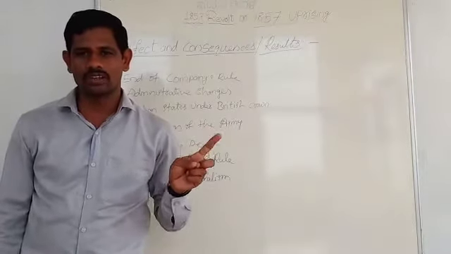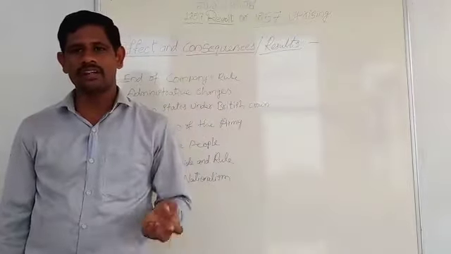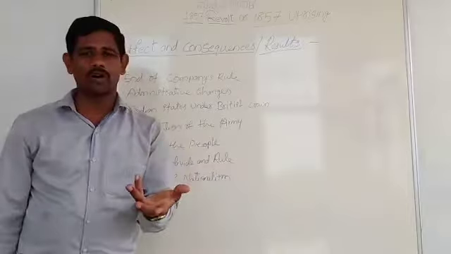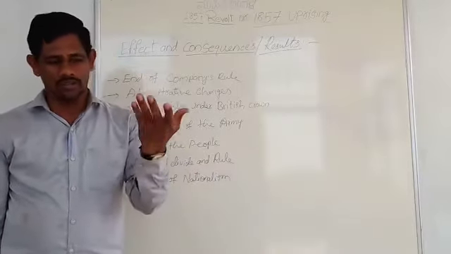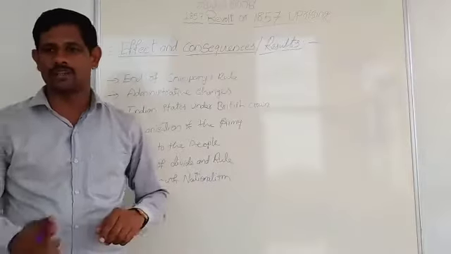Once again, I'll repeat that. India would be governed directly by and in the name of Her Majesty, which means in the name of Queen Victoria, the Secretary of State ruled India. That is one point.